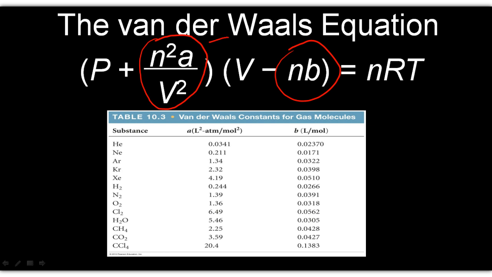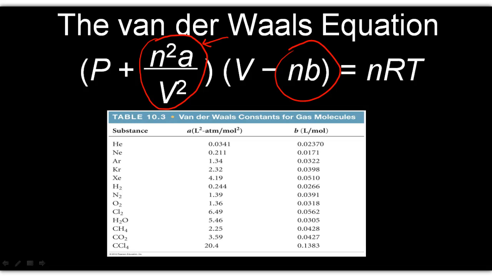Let's look at the correction on the left first. If a gas is at whatever temperature conditions, there could be some attractive forces. What is that doing to the pressure of the gas? The pressure should go down because, if the gases are attracted to each other, there's going to be less pressure as a result.